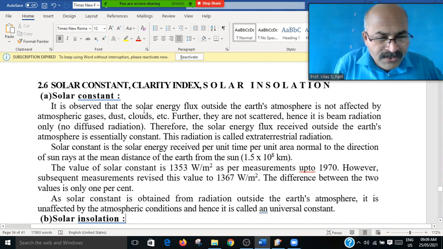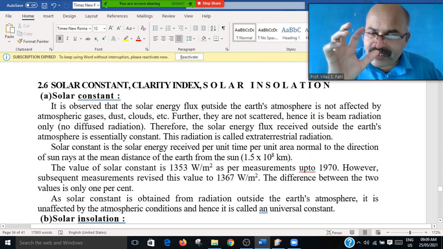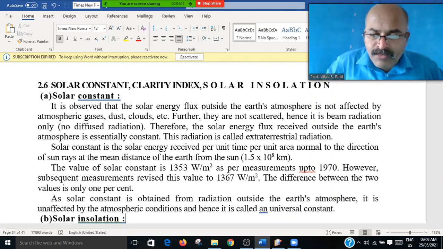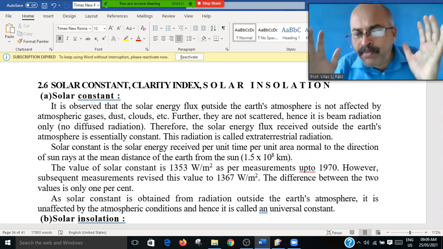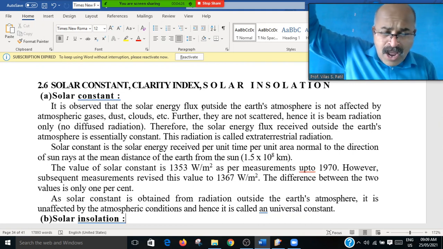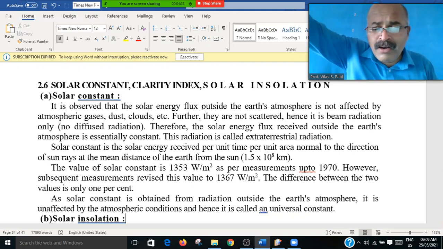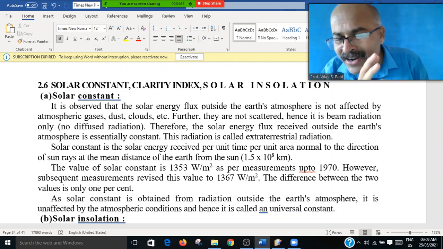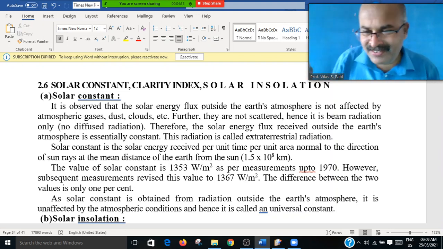Solar constant: it is observed that the solar energy flux, that is the amount of solar energy radiation, outside the earth atmosphere is not affected by atmospheric gases, dust, clouds, etc. All atmospheric conditions are only present nearer to the earth surface, and above the earth atmosphere the solar radiations are not affected by any atmospheric condition.